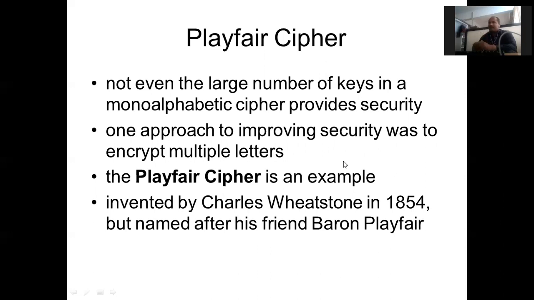In this Playfair cipher algorithm, we are going to use the approach of encrypting multiple letters, meaning more than one letter at a time. That is possible in the case of the Playfair cipher.